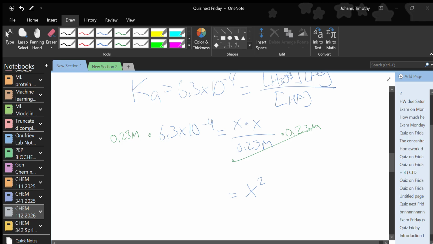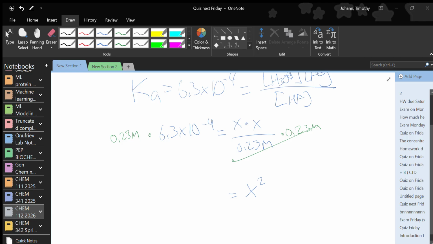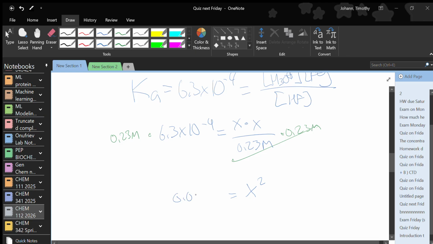And so 0.23 times 6.3, and so I get 0.00145. I'm going to take the square root of that.